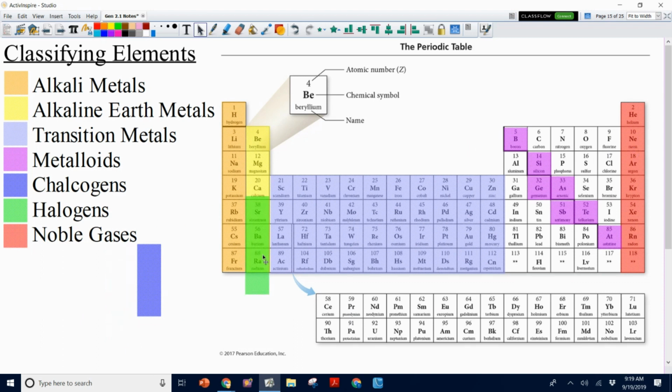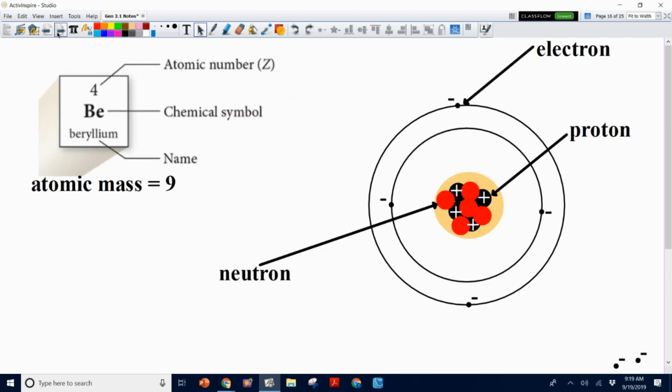And then we have our halogens that are next to them, right there. And then our chalcogens, which are these three right there next to them. Make sure you have that colored in your activity sheet that we did. You're going to need to know the names of these groups as well for your next test.